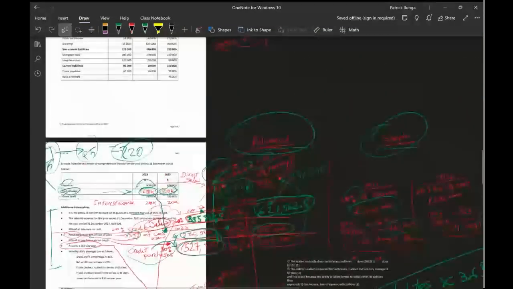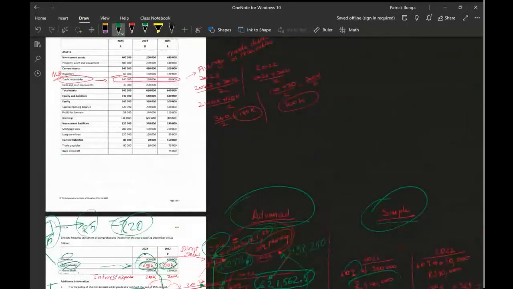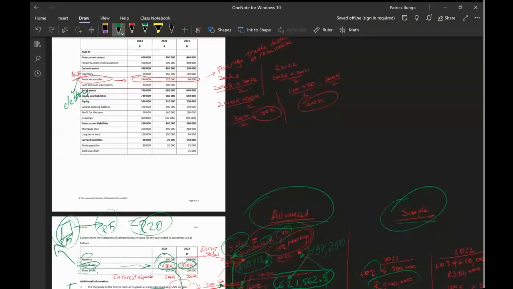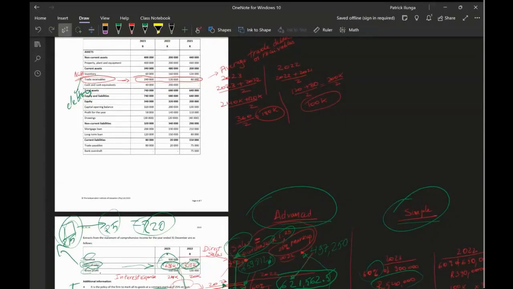And obviously, in order for you to get the trade receivable, or the debtors, trade receivable equals debtors, you were given 3 years. Why? Because you need to get an average trade debtor. Meaning if you're looking for the one for 2023, you will take the one for 2023 and the year prior, 2022.